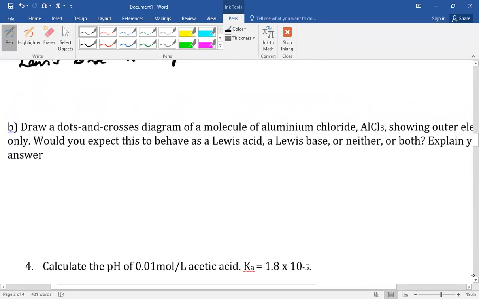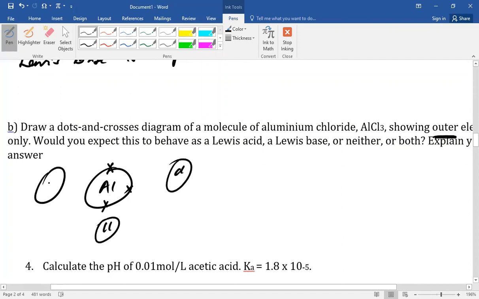Aluminum is found in group 3, so it has 3 electrons in the outermost shell, because we're only showing the outer electrons. Then let's put in the chlorine. Because chlorine is in group 7, it has seven electrons there.